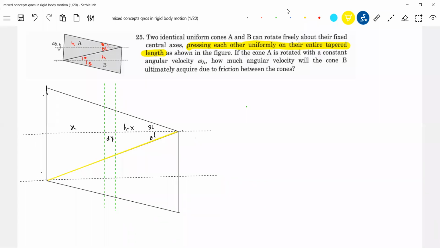Though they are rigid bodies, they are not ideal rigid bodies. So definitely they will press each other with a slight deformation, and because of that a common area of contact will come between the cones. Let me show the common area of contact like this.